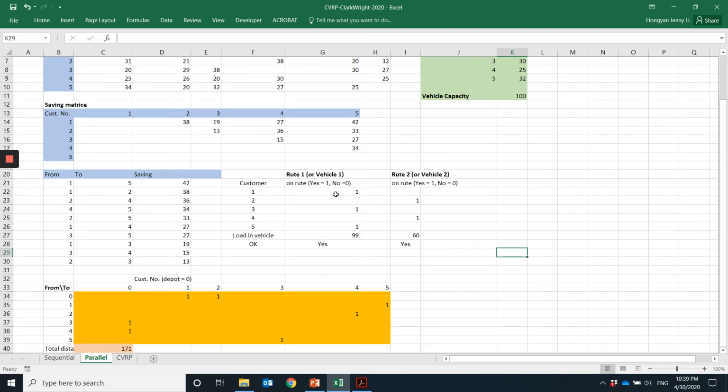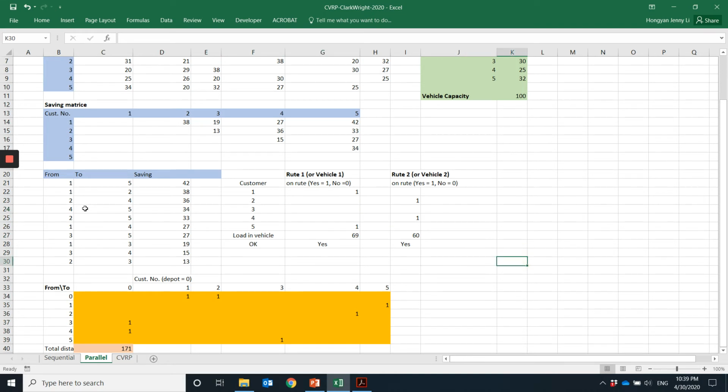When you generate routes, this time you can initiate two vehicles or two trips at the same time. In order to save the cost, the first pair is 1 to 5. So you connect the customer 1 and 5 in route 1. I take this 3 out.